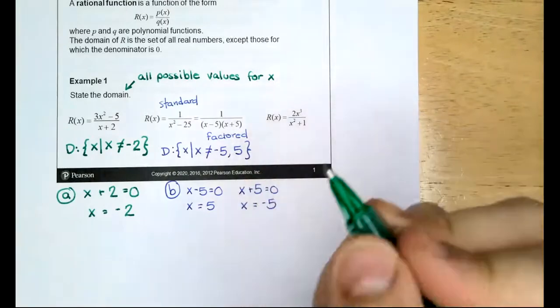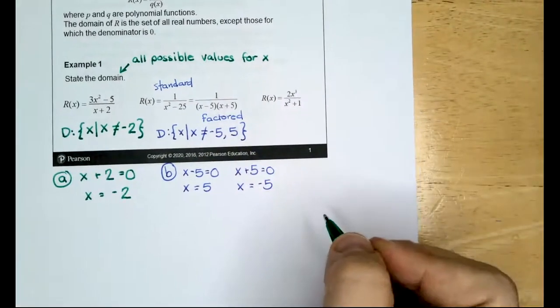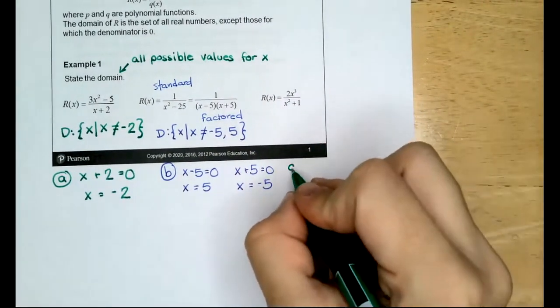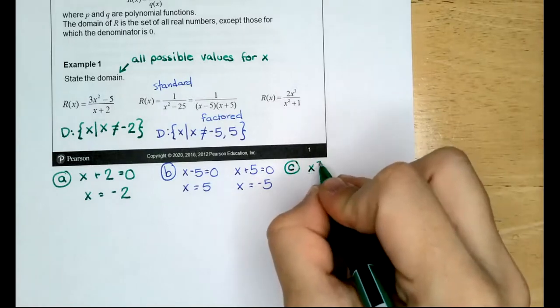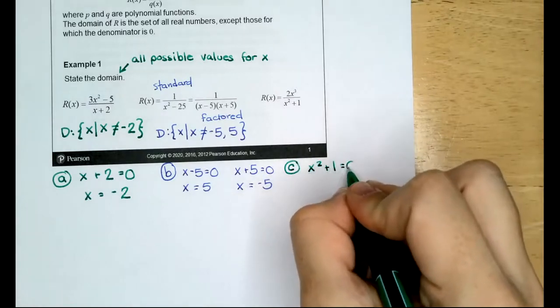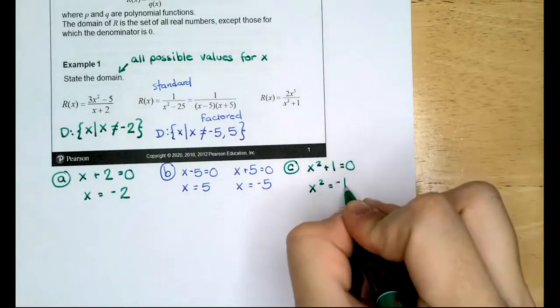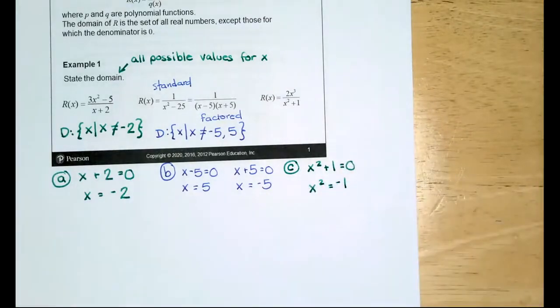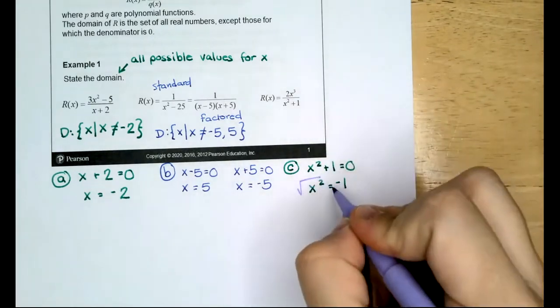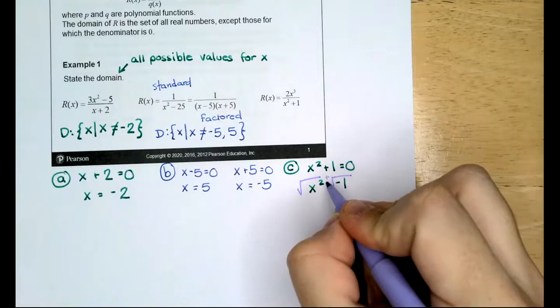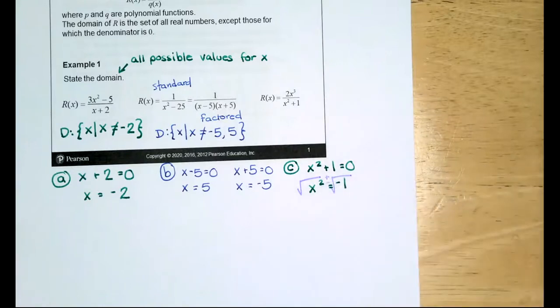for C, we have x squared plus 1. x squared plus 1 is 0. x squared is -1. So if I want to solve for x, I need to do the square root, right? With the plus or the minus there.